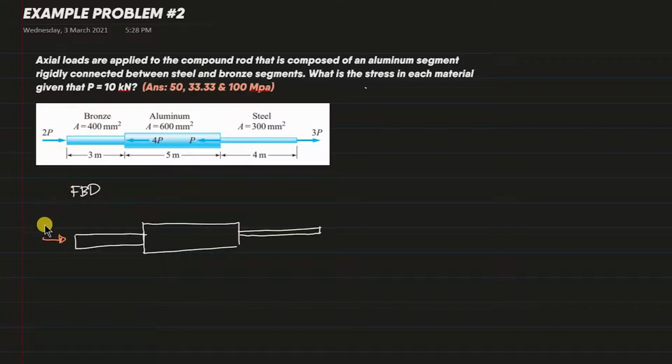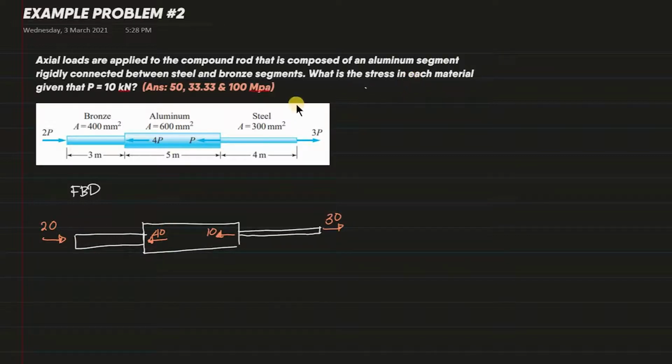And P is 10, so this will become 20. This is 4P. 4 times 10, this will become 40. This is P, and P is 10, so that will just be 10. And this is 3P. 3 times 10 is 30. Ayan. Ito yung mga forces natin.